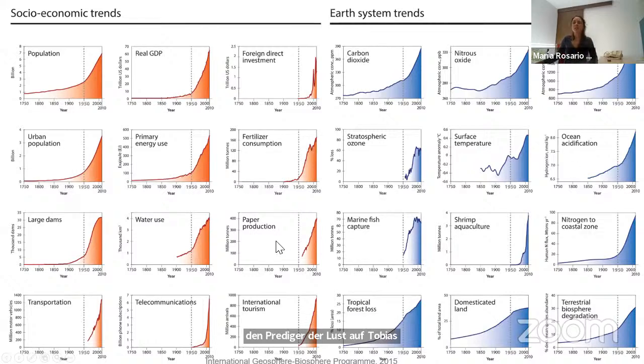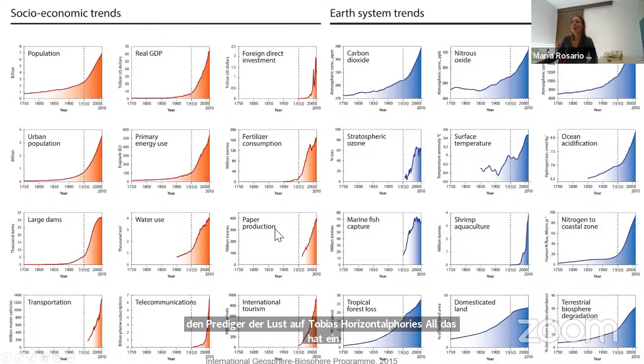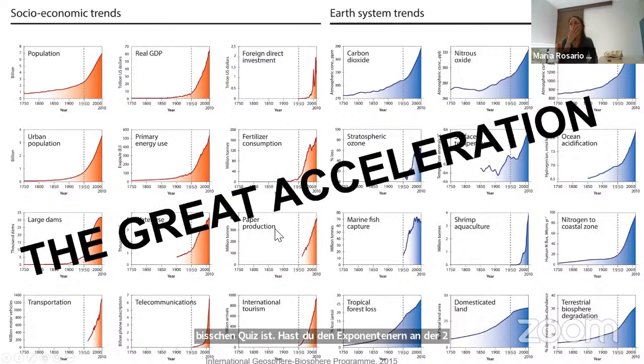And this increase has been exponential. And that's why this period, or these changes that are happening, are called the great acceleration. Like the changes are accelerating.